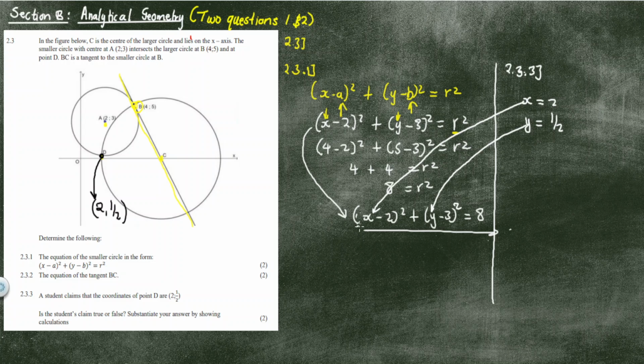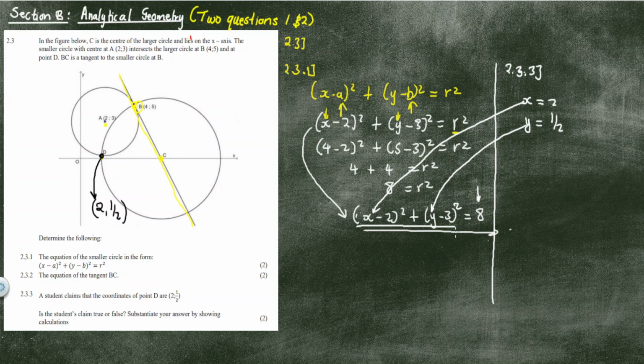We must solve and calculate the value, punch whatever we have into the calculator and see if we get 8. If we don't get 8, it tells us the coordinate D is not the answer. The coordinates of D lie on the smaller circle as well as on the bigger circle.